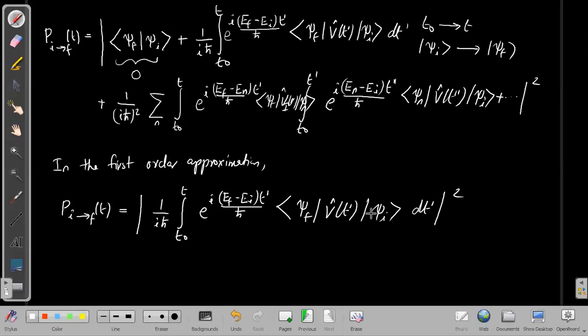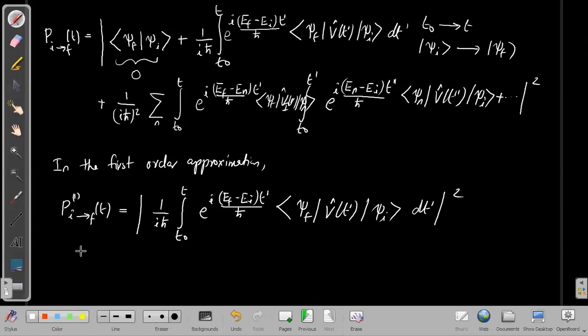So if you calculate this expression then obviously we'll get the probability of transition. Now for most of the problems, this first order approximation is enough. So for the problems related to atomic transition as well as in nuclear physics, the first order perturbation theory is enough to find the transition probability.